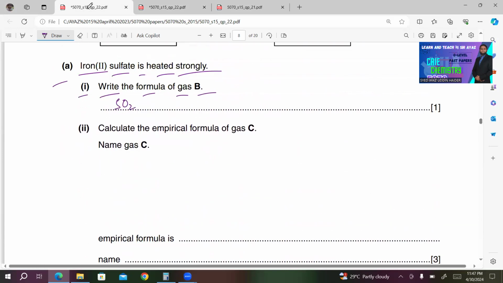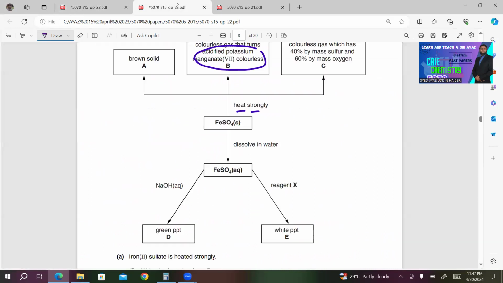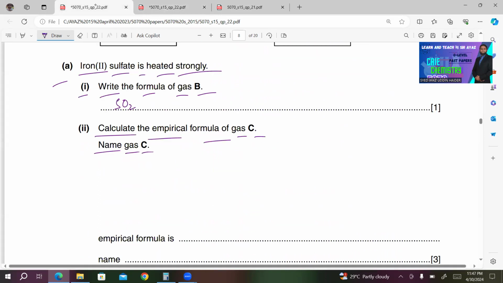Number 2, calculate the empirical formula of gas C. Name gas C. So first of all, we need to calculate the empirical formula of gas C. Let's see the information. It's a colorless gas which has 40% by mass sulfur and 60% by mass oxygen. S is 40%, oxygen is 60%.